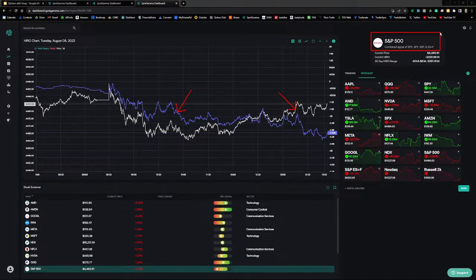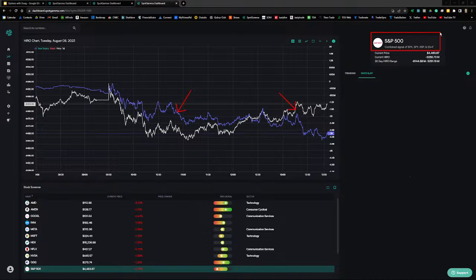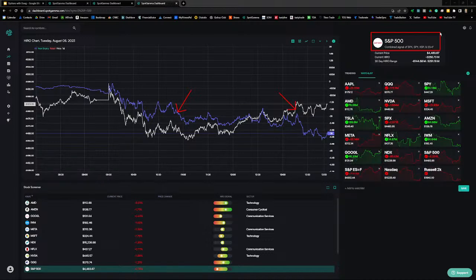So if you trade any form of the S&P 500, whether you're trading ES futures, SPY shares, SPY options, or SPX options, this is generally the signal that you want to take a look at, the combined signal.